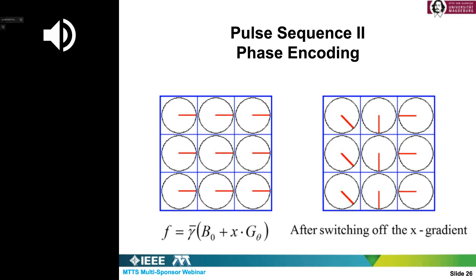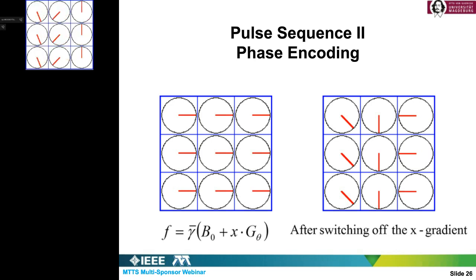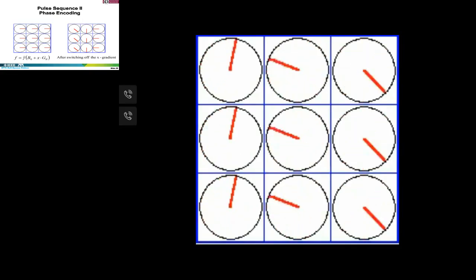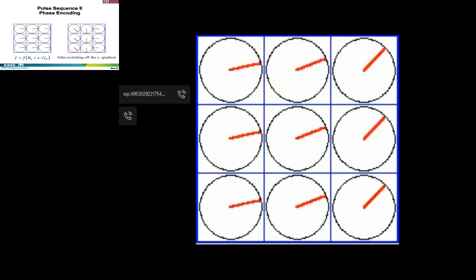If you stop, you restore the uniform Larmor frequency all over the cross-section, but they will be dephased now. I will show you the animation. So as you see, right is faster than left, and it stops.